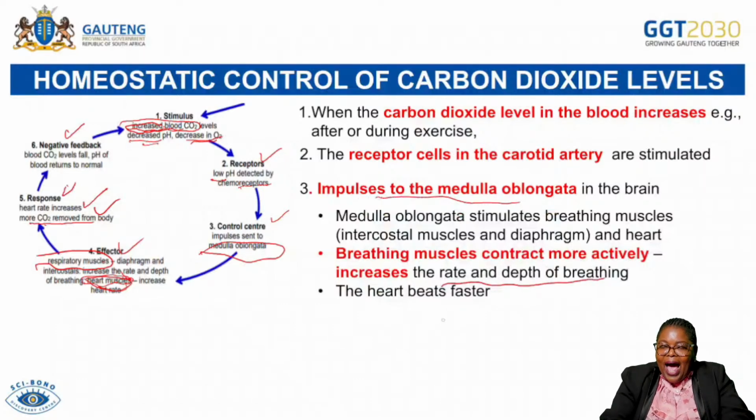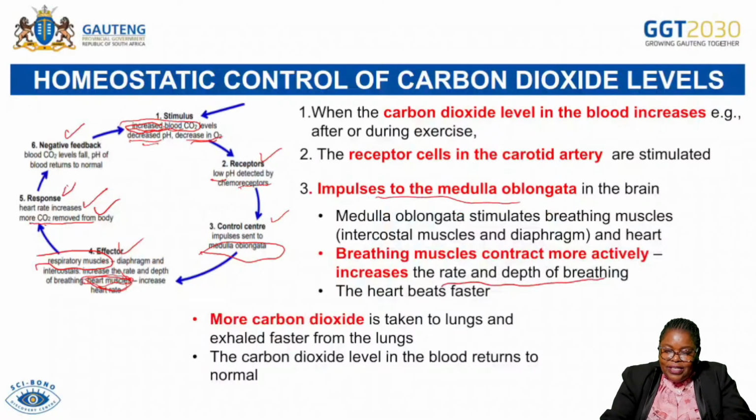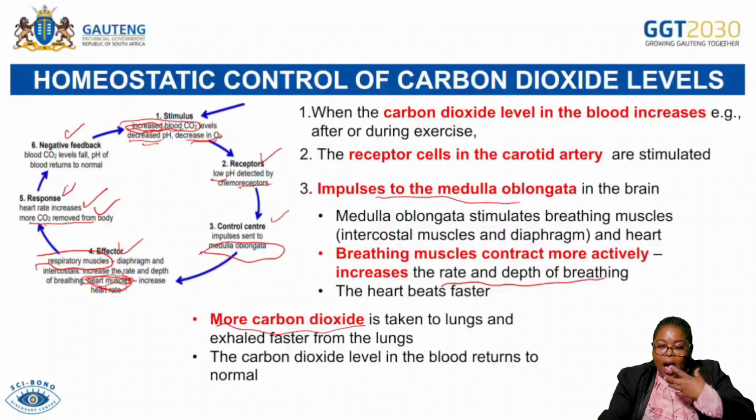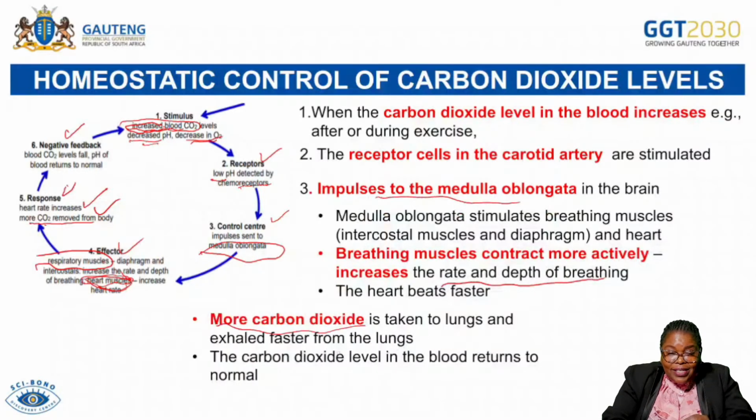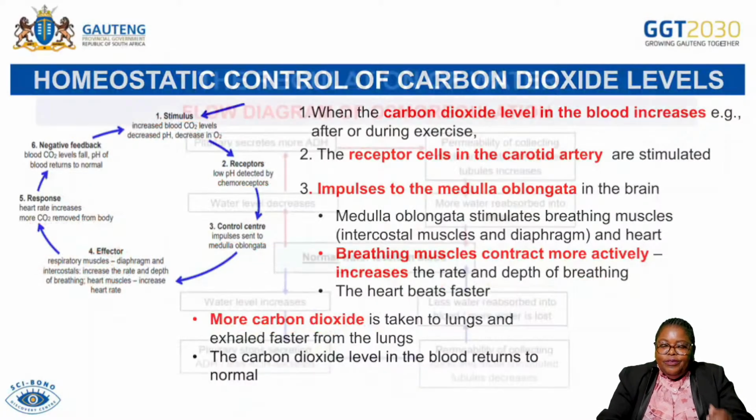The heart is also going to beat faster, and as it beats faster, more carbon dioxide is going to be taken to the lungs and exhaled faster. Therefore, the carbon dioxide level in the blood is going to return to normal. That is negative feedback.